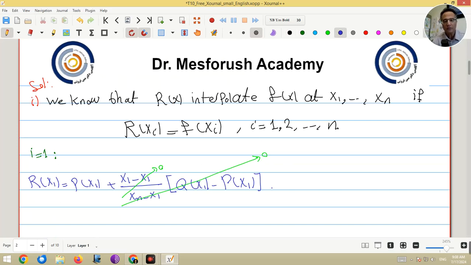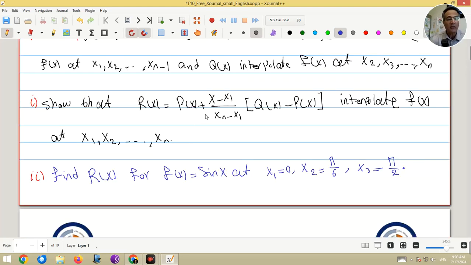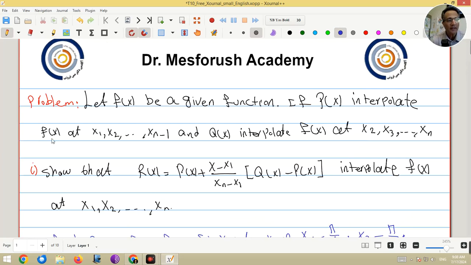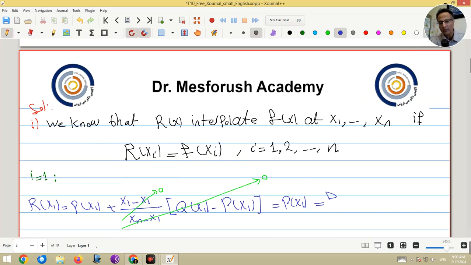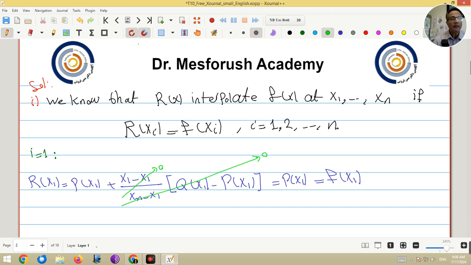So this is equal to p at x1, and by the assumption we know that p interpolates f at x1 to xn minus 1. So p at x1 is equal to f at x1. So we find that r at x1 equal to f at x1, and this finishes the first part of the problem.